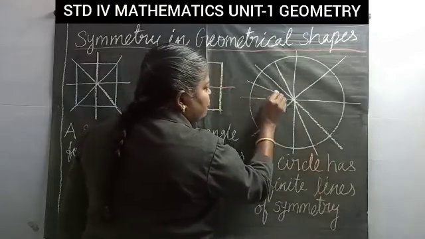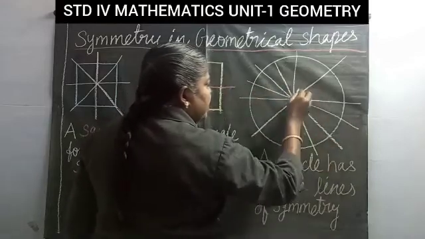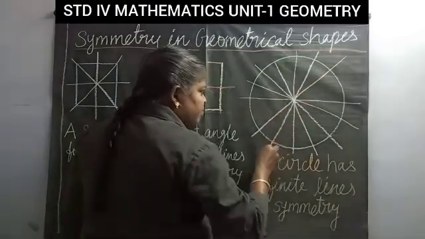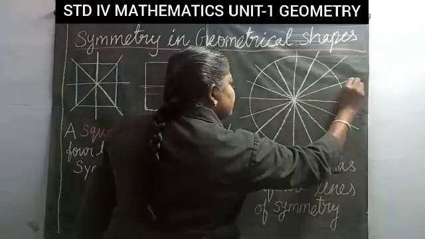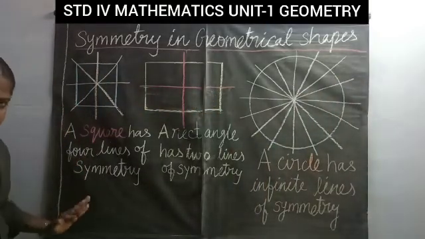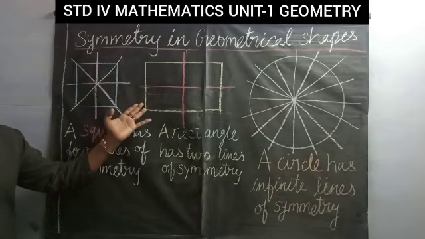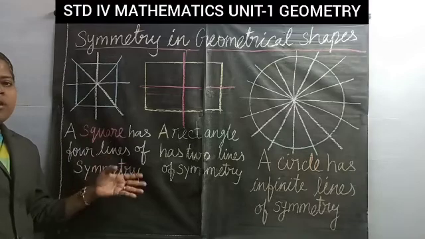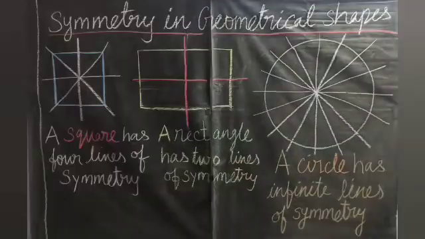Circle has many lines of symmetry. So children, square has 4 lines of symmetry. Rectangle has 2 lines of symmetry. Circle has infinite lines of symmetry.